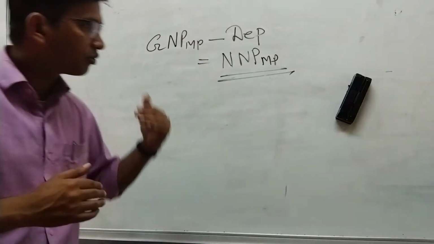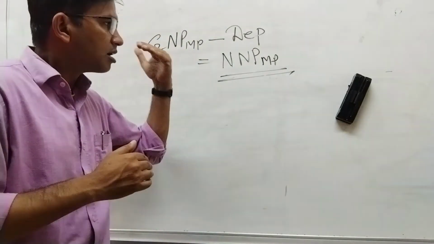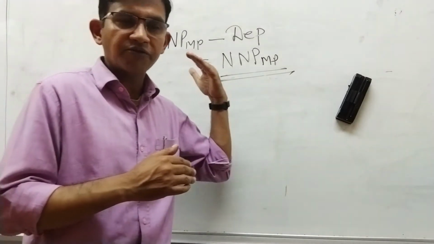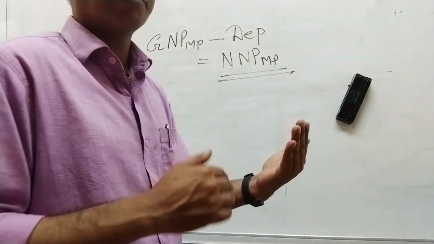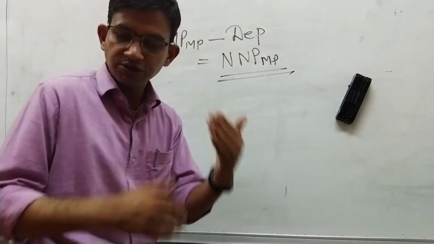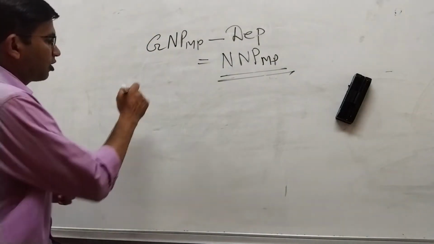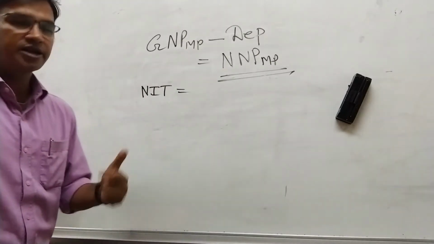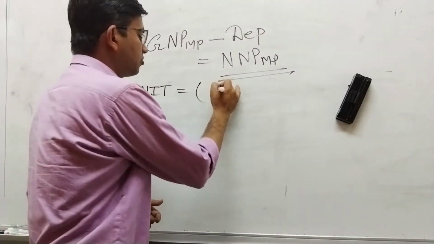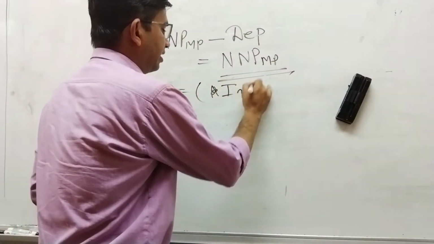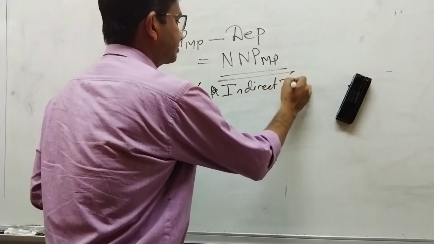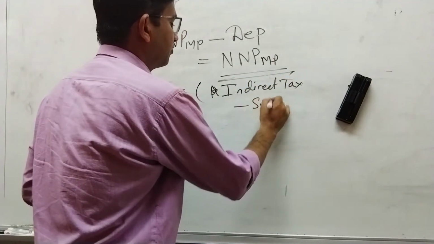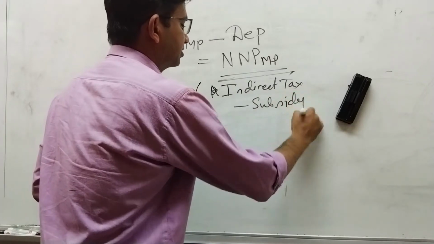So whenever we are going to find the net national product at factor cost from net national product at market price, we have to use another term which we call net indirect taxes. Net indirect tax means the total volume of indirect tax minus the total volume of subsidy.